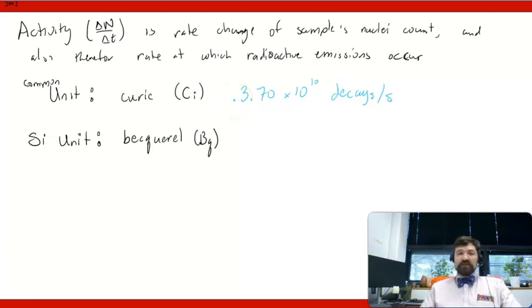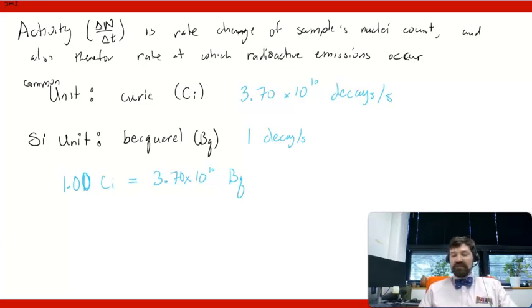The SI unit is called the becquerel, abbreviated Bq, and it represents 1 decay per second, ergo 1 emission per second. This also incidentally means that 1 Curie is equal to 3.7 times 10 to the 10 becquerels.